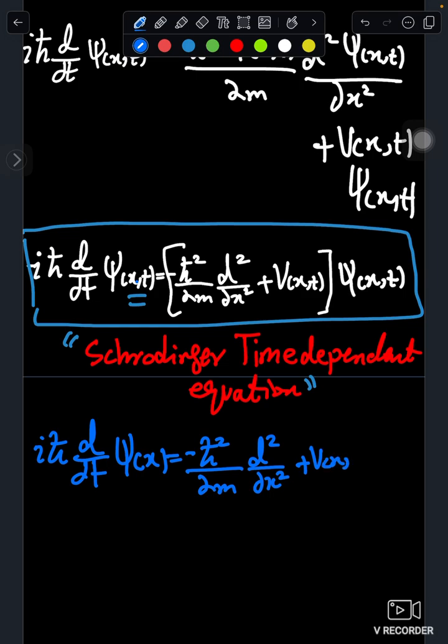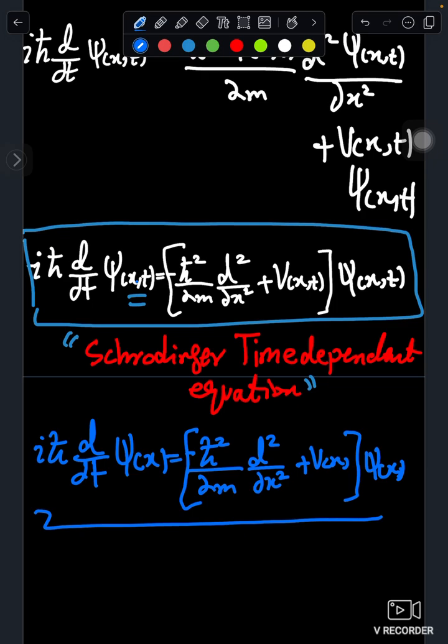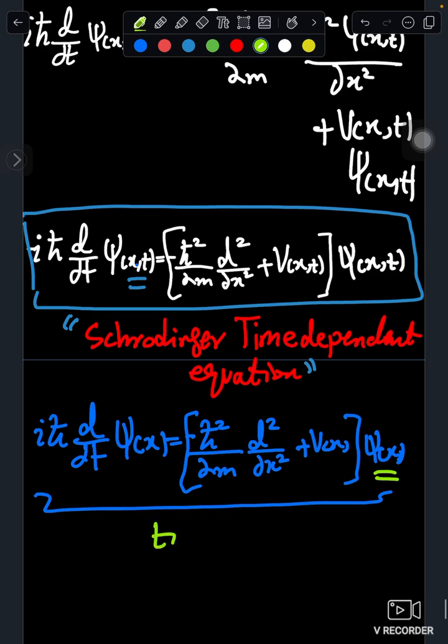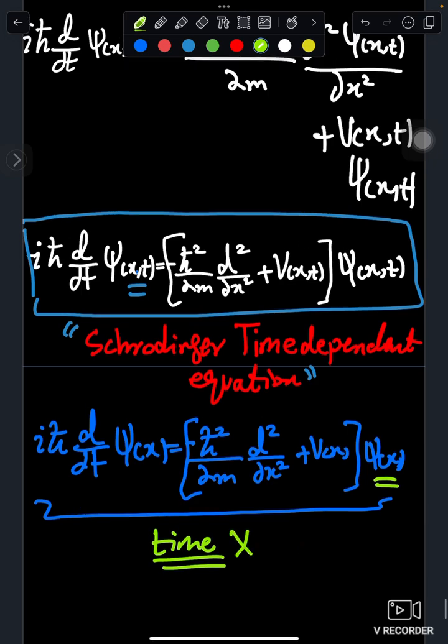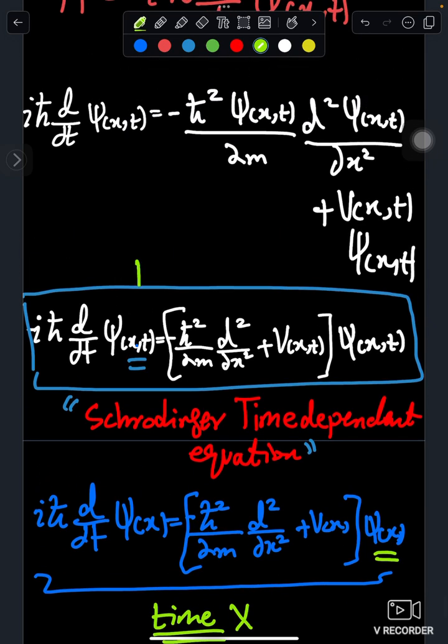The differences: here the particle is evolving only through position, no time. Time is not here, but here it's both time and position.